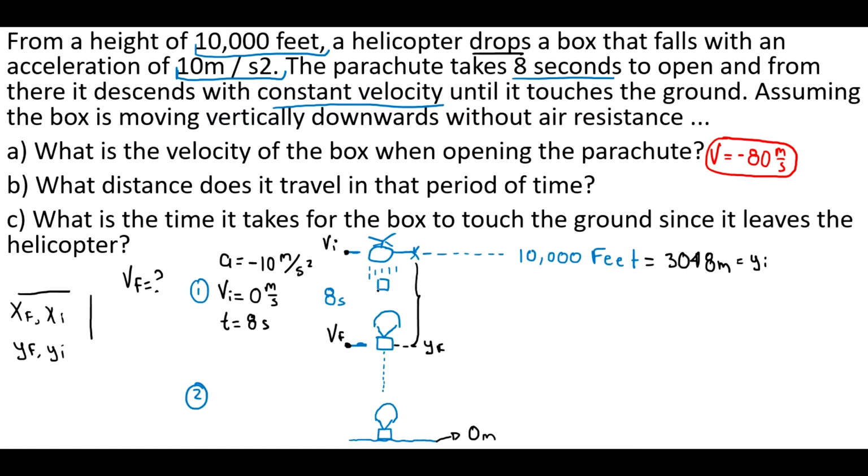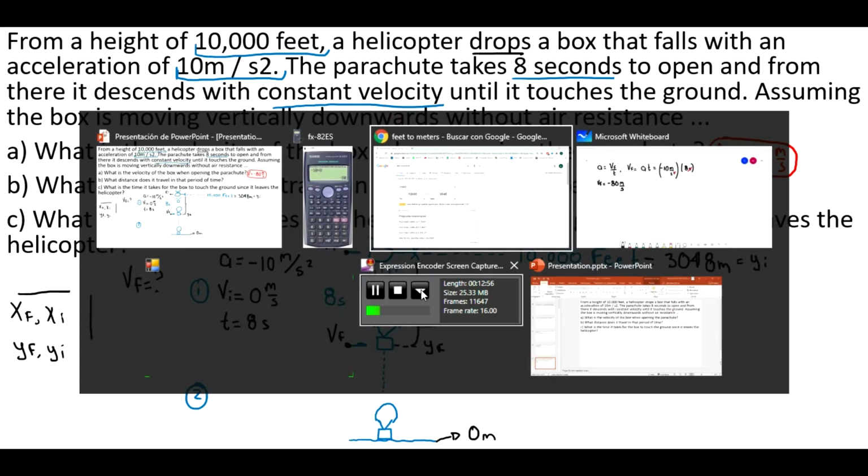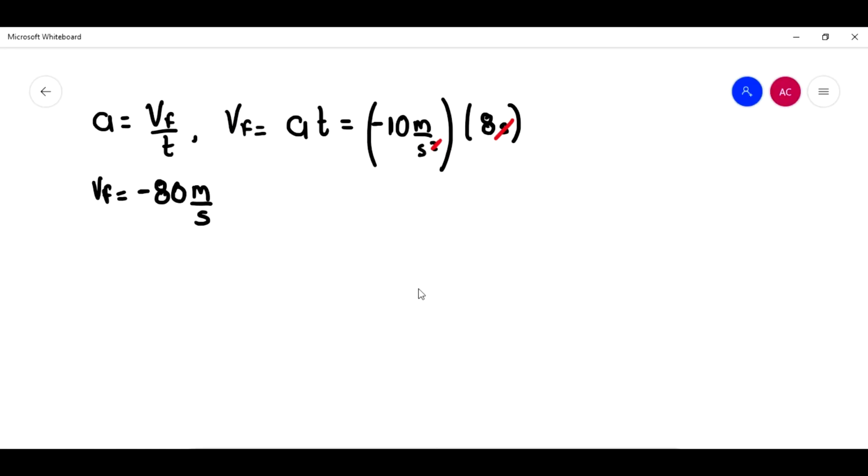So I'm going back to the other screen and I'm going to write the formula for position. This one I'm going to circle because that was the first answer, the letter A.